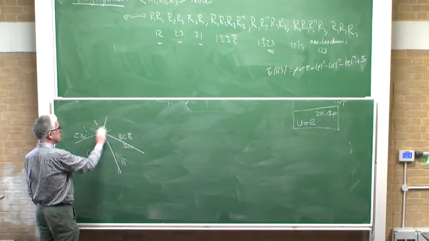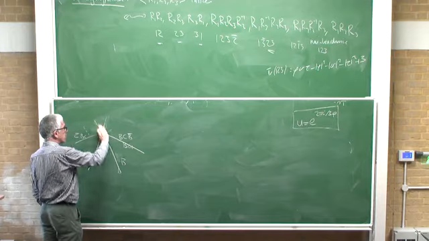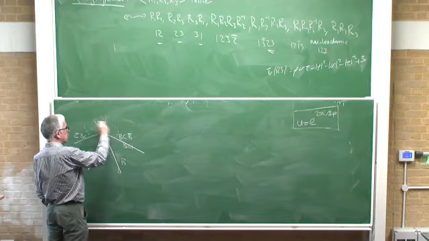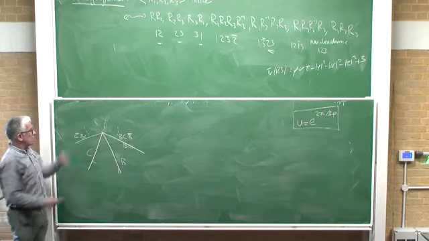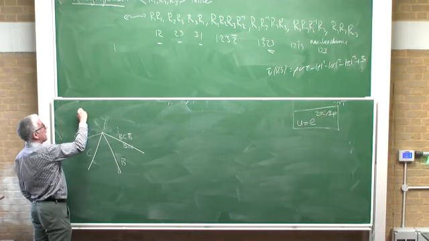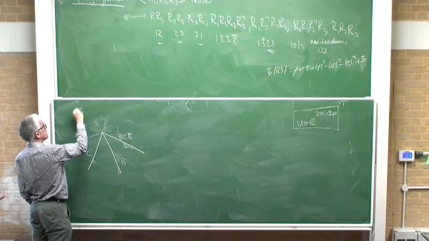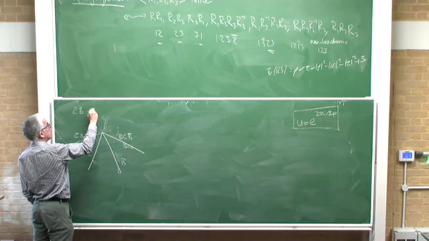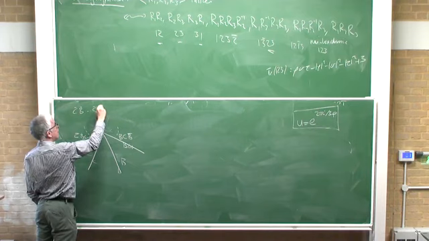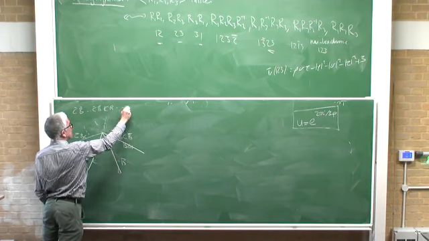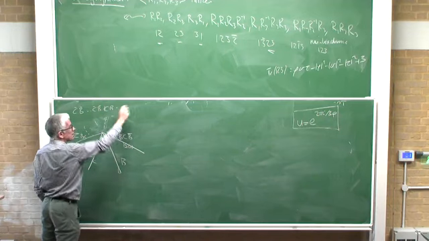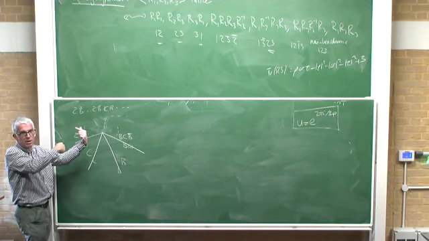And then these lines somehow, I shouldn't have drawn them sticking out like that. They come around, and this closes up, provided at some point I have B, this is C bar, B bar, something, C bar, B bar, C, B, something is the same as the same things, but the opposite way around, which is because of the braid relation.